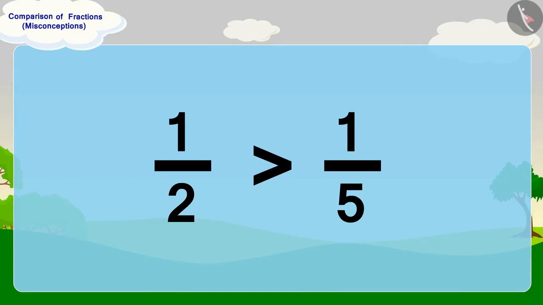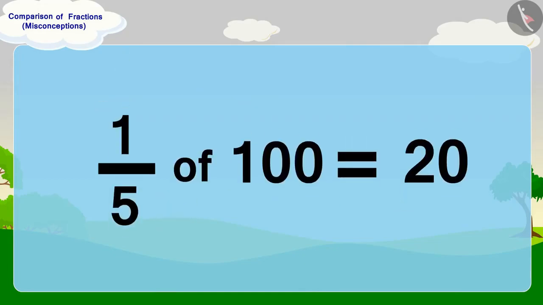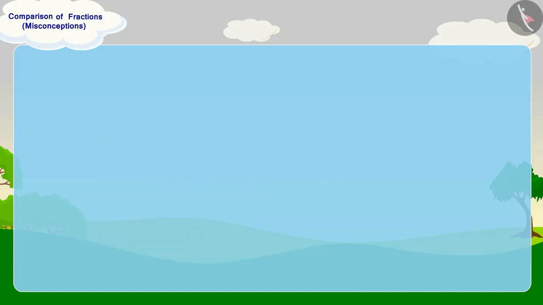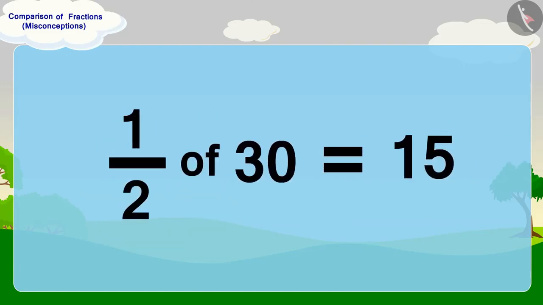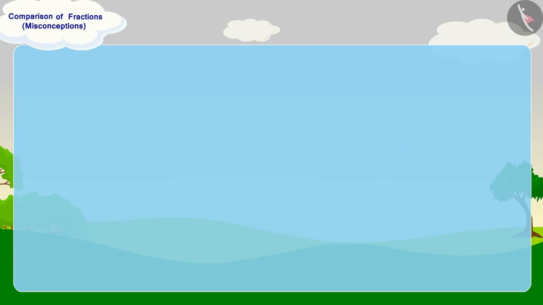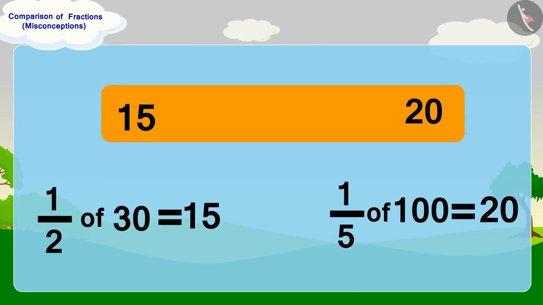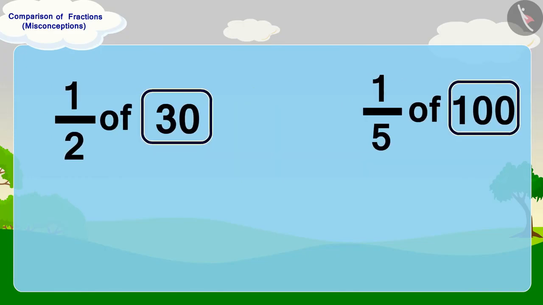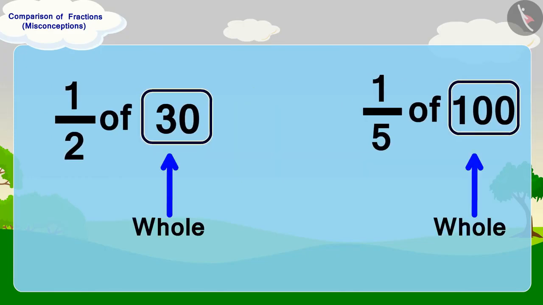But if we talk about 1/5 of 100, which is equal to 20, and half of 30, which is equal to 15, then we can see that half of 30 is smaller than 1/5 of 100. Because their wholes are not the same.